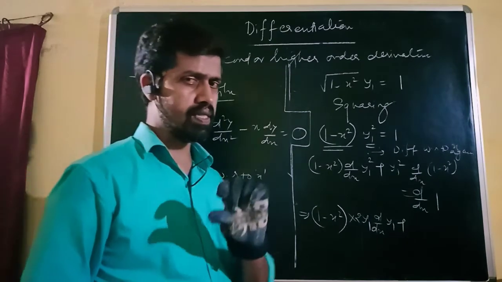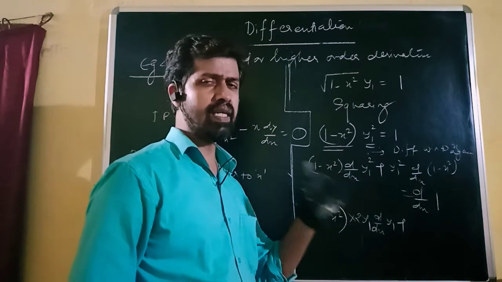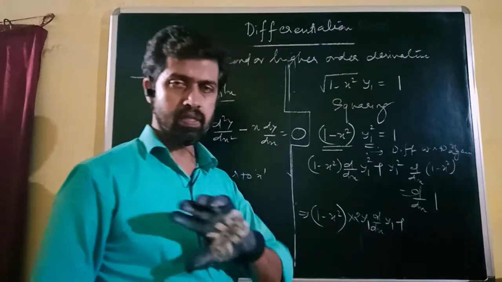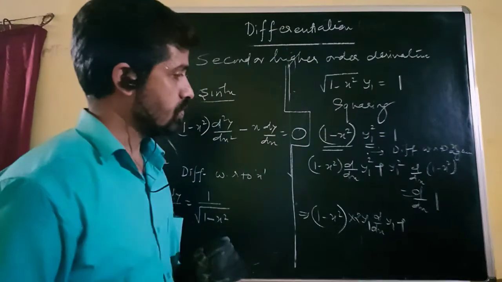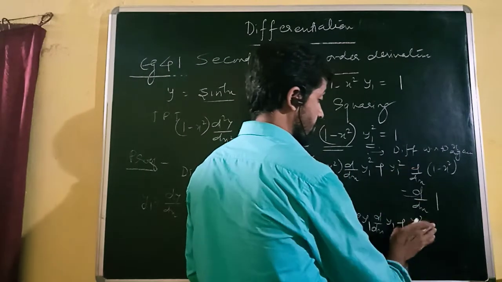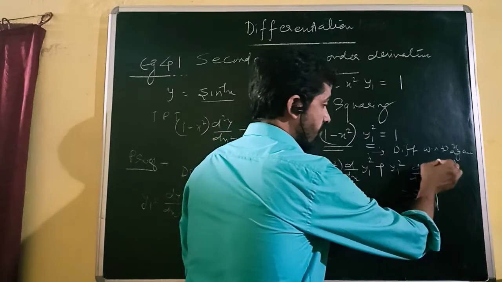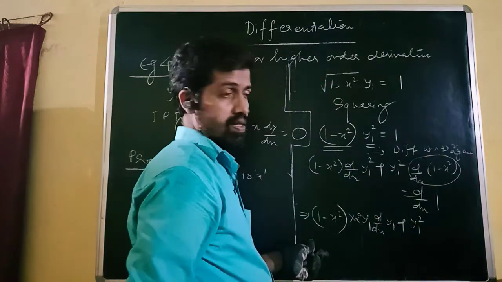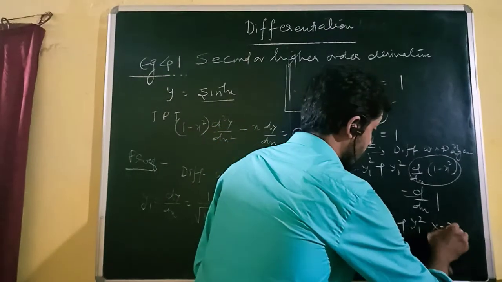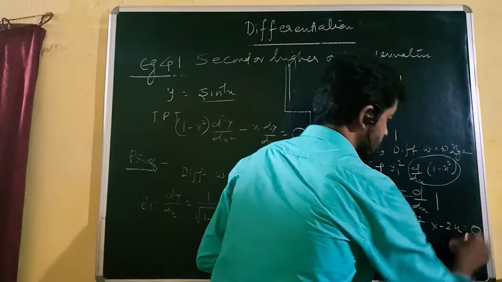Make sure that if it is a case of any variable other than x, it has to be differentiated with the help of the chain rule. Now here it is y1 square, we will write down y1 square as it is and differentiate this one. So 1 minus x square, when differentiated we get minus 2x, and the differentiation of 1 is 0, children.